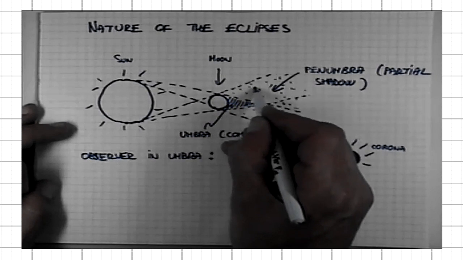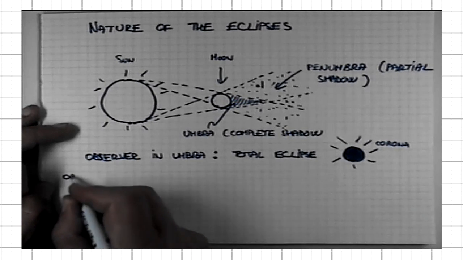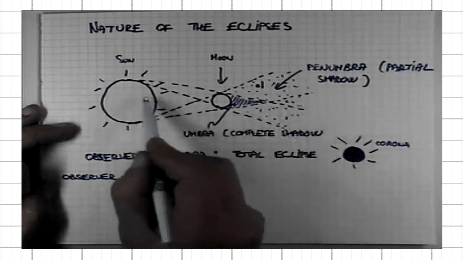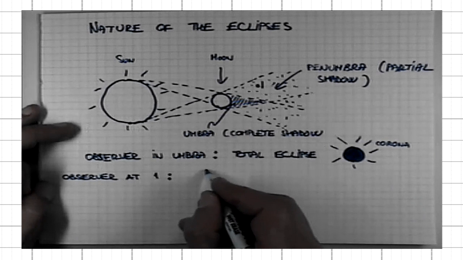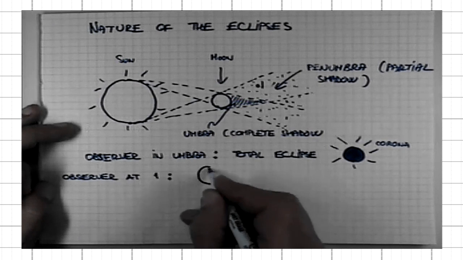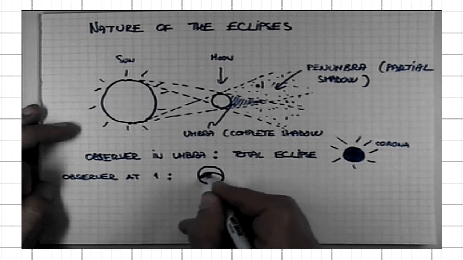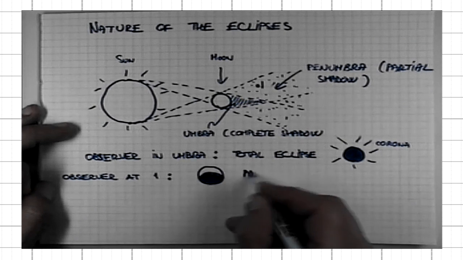Now, an observer at 1 in penumbra will see the top portion of the sun, right? So what he sees is something like this. And that's partial eclipse.